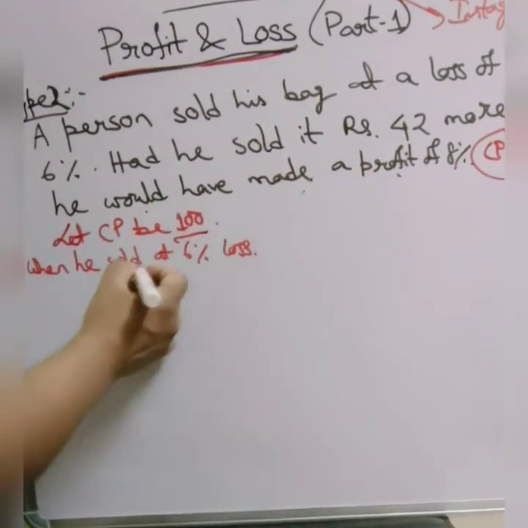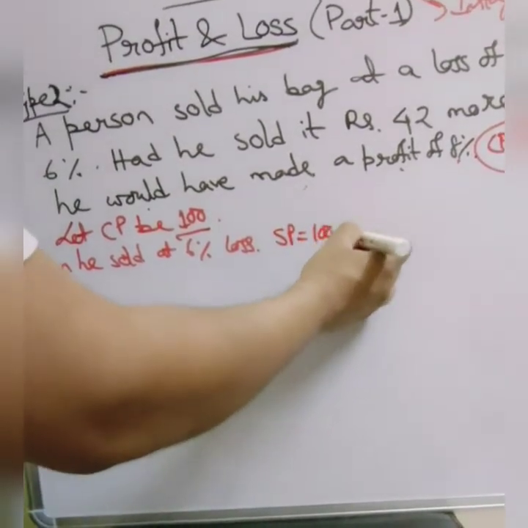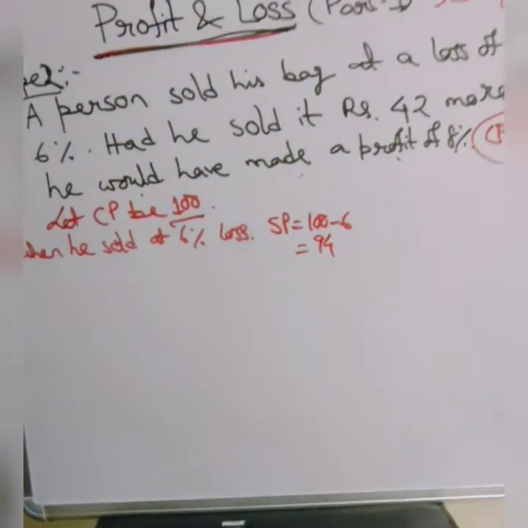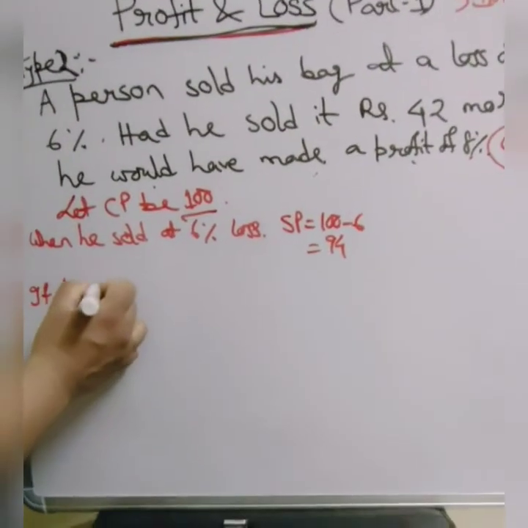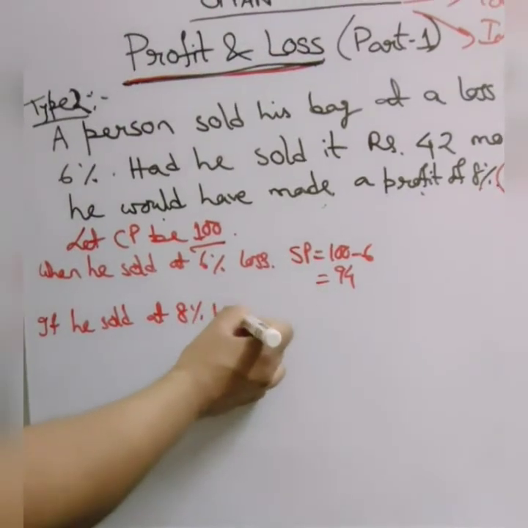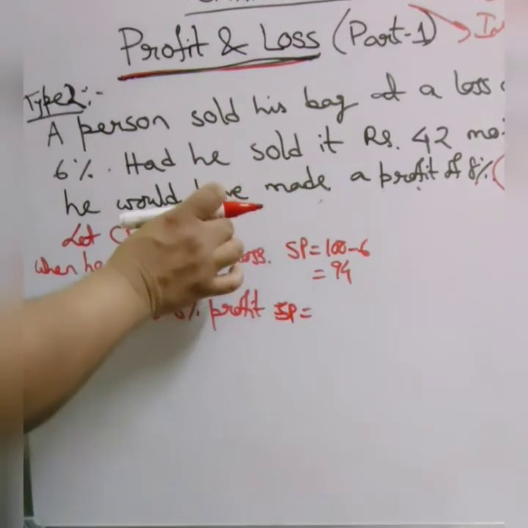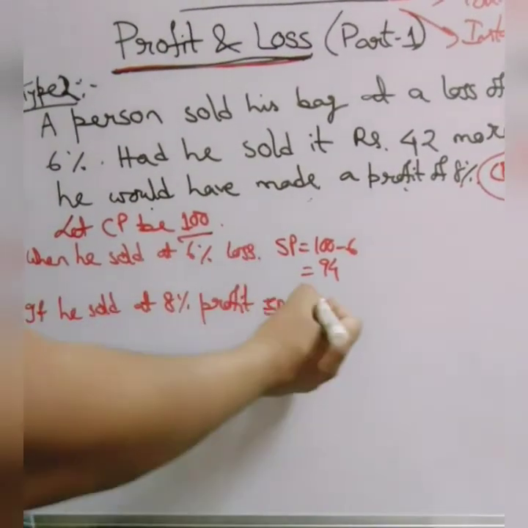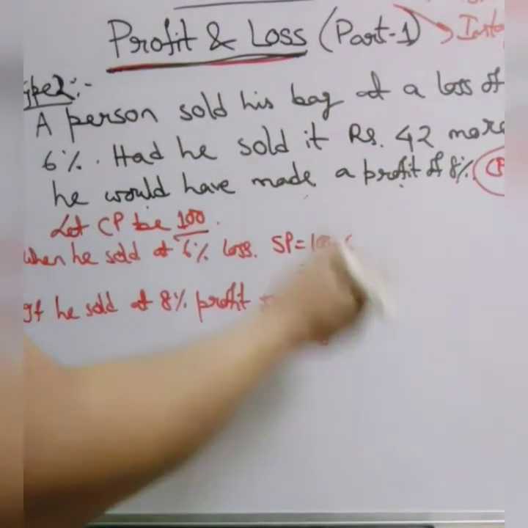So what will be the SP here? The SP will be 100 minus 6, so that is 94. Fine. Now if he sold at 8% profit, it will be 8 rupees profit, so 100 plus 8, so 108.